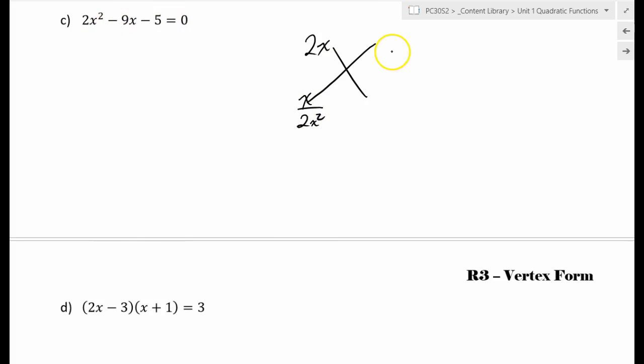I need negative 5, so that could be negative 5 and 1 gives me negative 5. Multiply diagonally gives me positive x and negative 10x. If I add those together, that gives me negative 9x. So that gives me all three of my terms, so those are my two factors.